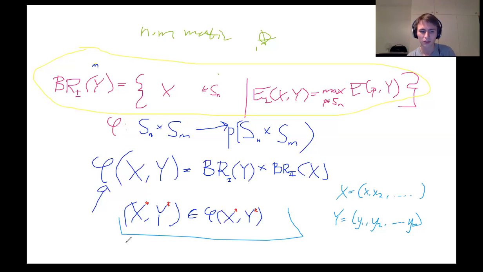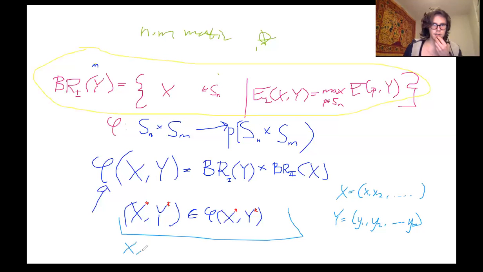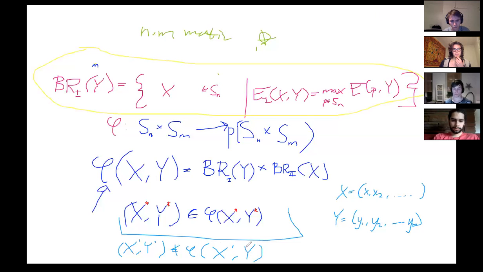So if there was a better strategy, then for a particular X and Y, let's call them this, then we would have that it's not contained in the output of this, because that means that when player one is playing X, what do you call it? X prime. X prime. Thank you.